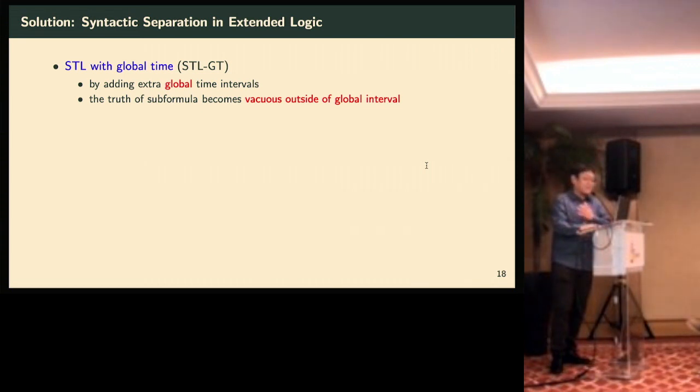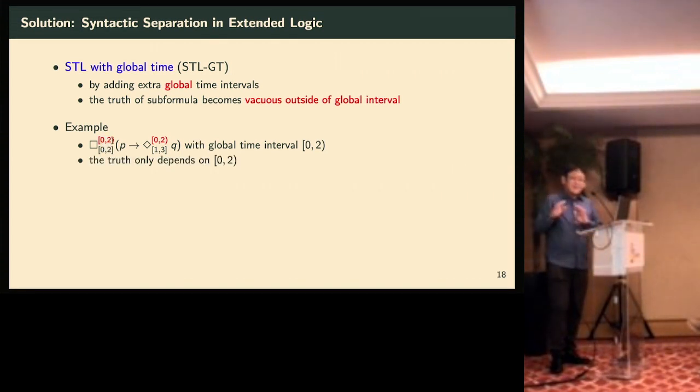That's very easy now, right? For example, by adding this global interval as a superscript, it means that this operator has the previous meaning of the usual STL operator, plus only considers this global interval.